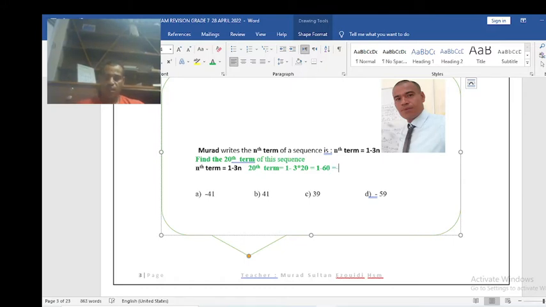So the correct answer here, learners, is negative 59. Clear? Of course, in the exam it will be different questions and different examples. Okay, the next question.